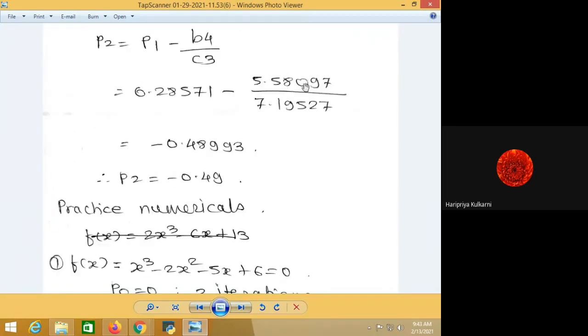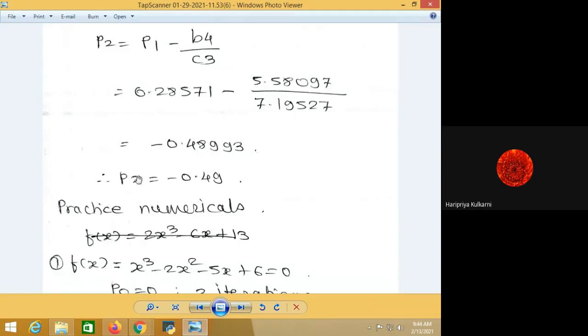I'm considering 5 digits after the decimal point to maintain accuracy. If you calculate this on your calculator, you will get minus 0.48993. I'll round it off and it becomes minus 0.49. So this is the answer after the second iteration.